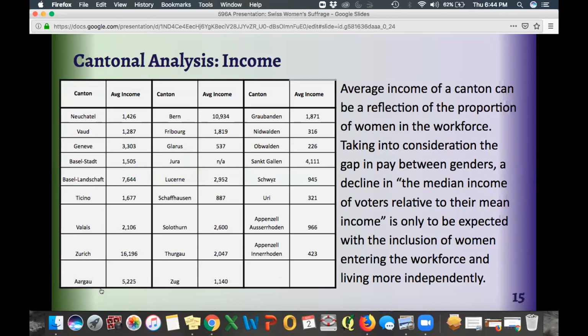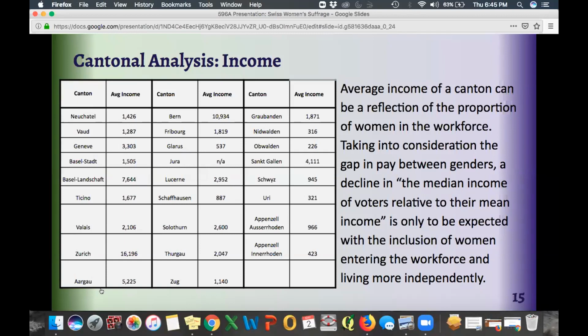So the first element identified is average income. Literature on women's suffrage identifies income as a factor that both leads to and results from female enfranchisement, income levels that is.